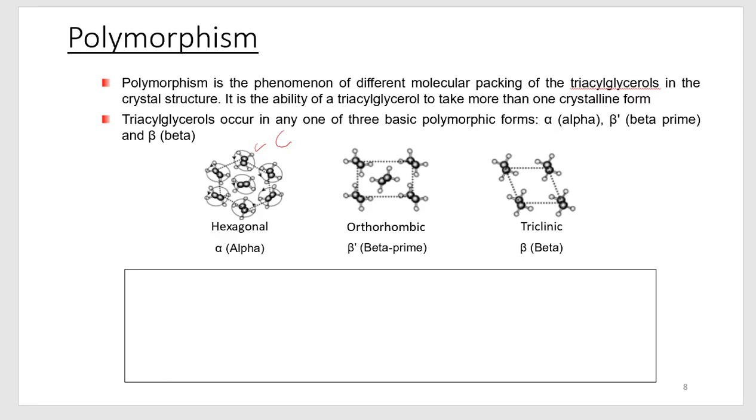The chains are rotating. The lines around the carbon atoms show that they are rotating. Due to this rotation, the chains cannot pack well, and therefore the distance between the chains is big. Therefore, alpha is the least stable form, due to rotation.